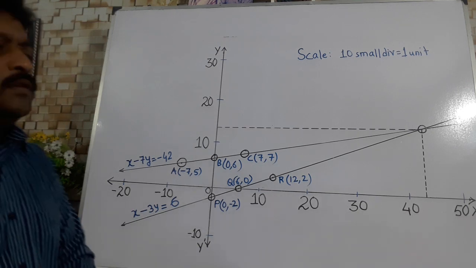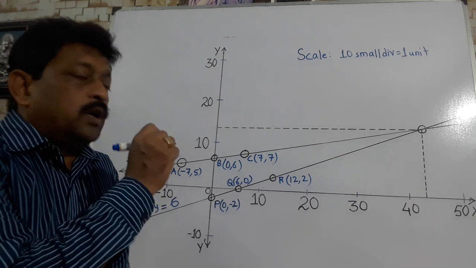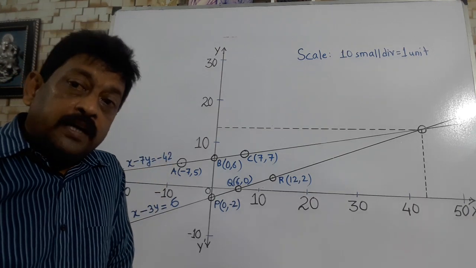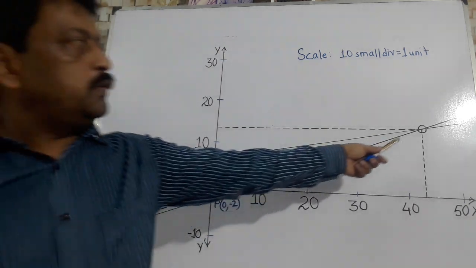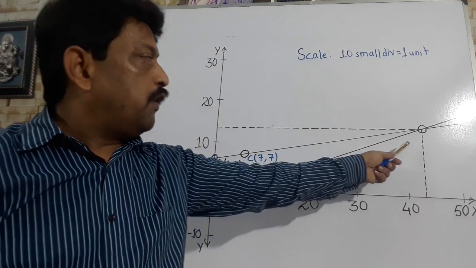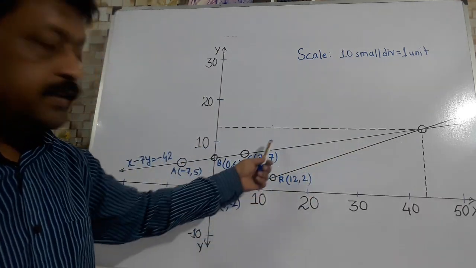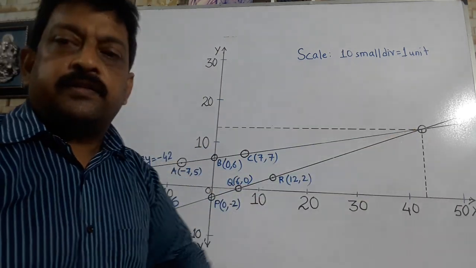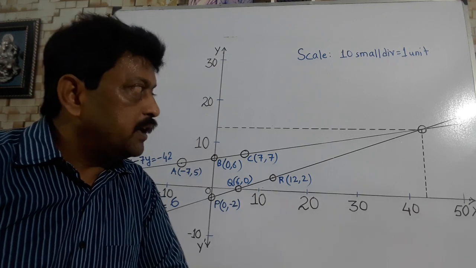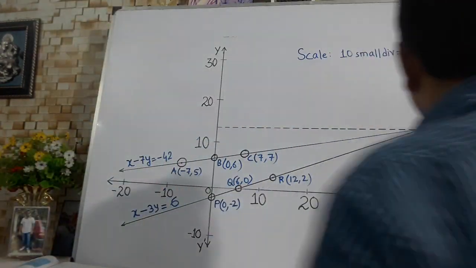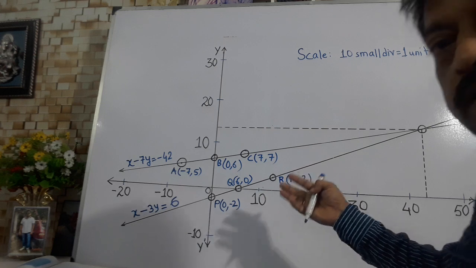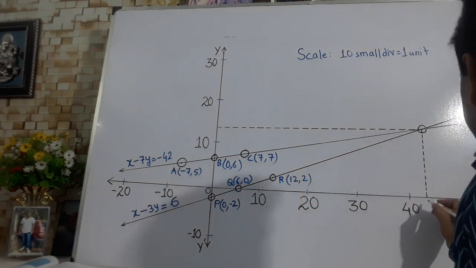Now if anyone wants to find the solution from the graph, here is the solution: the point of intersection of these two lines. As it is an intersecting line, the point of intersection represents the solution. So roughly, if you plot on the graph paper, then you will get the point.